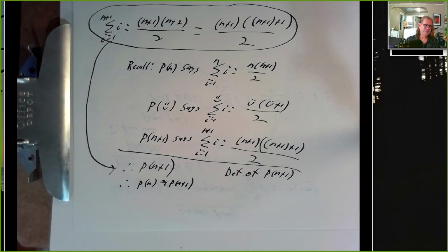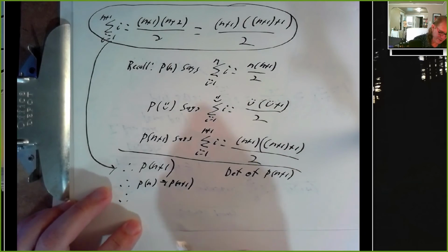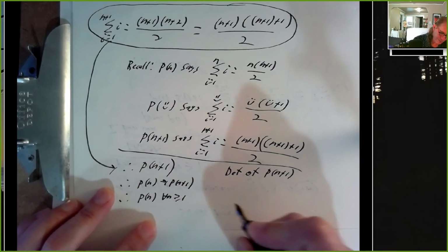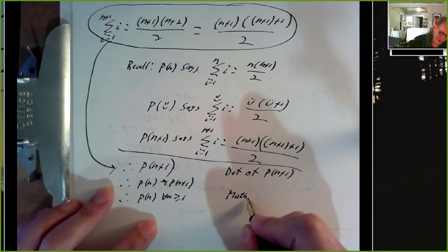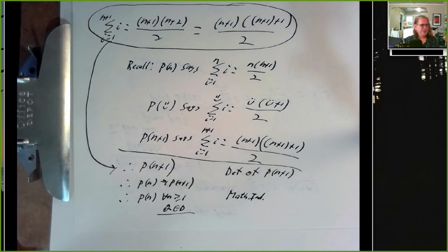That's our inductive step. Taken together with our base case, we now apply mathematical induction and we conclude the following. P of n is true for all n bigger than or equal to 1, and the reason is mathematical induction. And that's what we were trying to show. And that's the end of our proof.